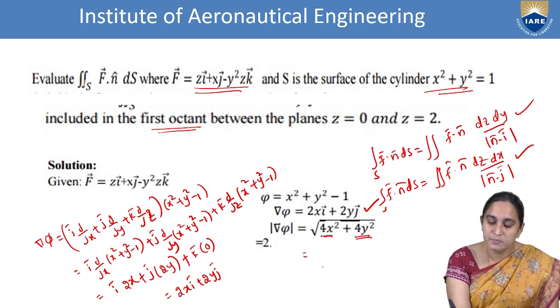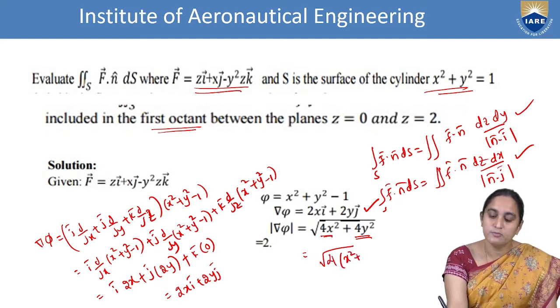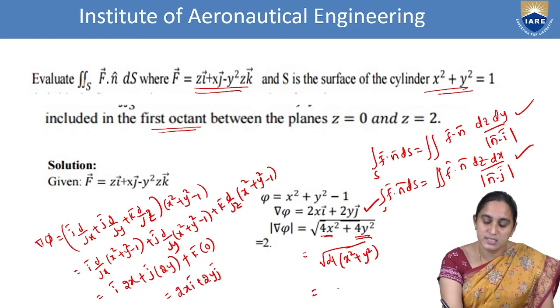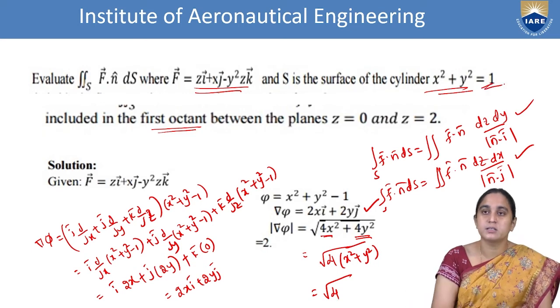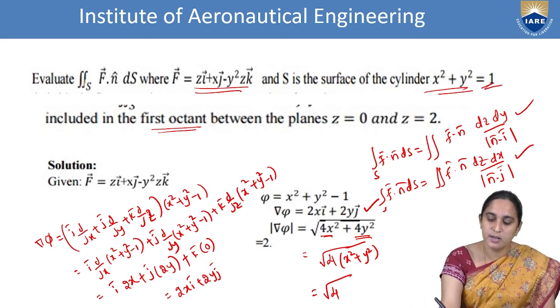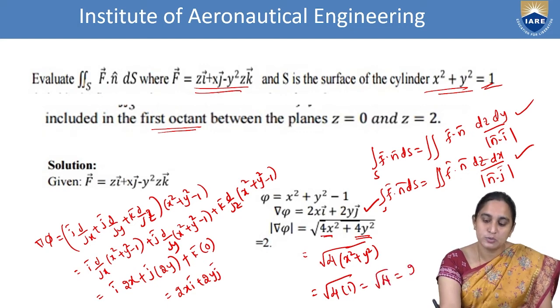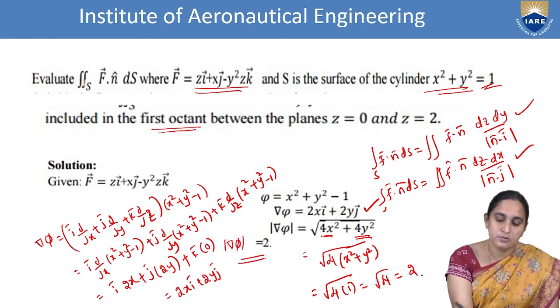Taking 4 common, that is 4 into the root of x square plus y square, and x square plus y square from the cylinder equation is equal to 1. Therefore root 4 is 2. Modulus of del phi is 2.